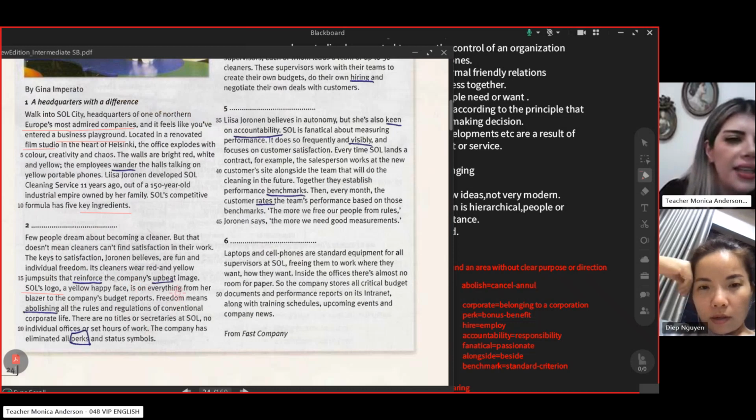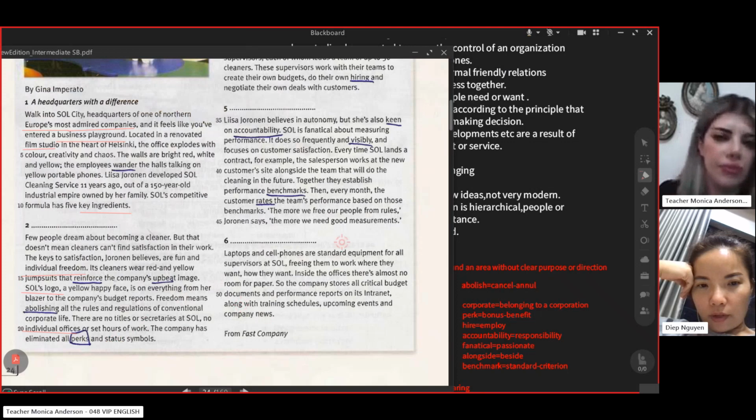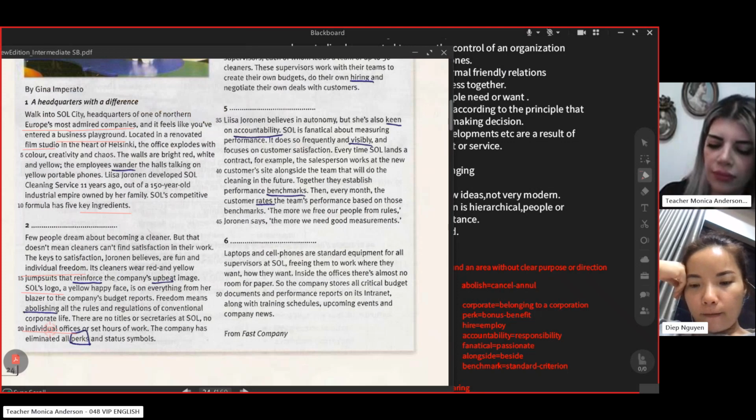Let's take a look at this part and try to find more. Individual freedom. Very good. That's it. Excellent. For example, individual outfit and happy face.